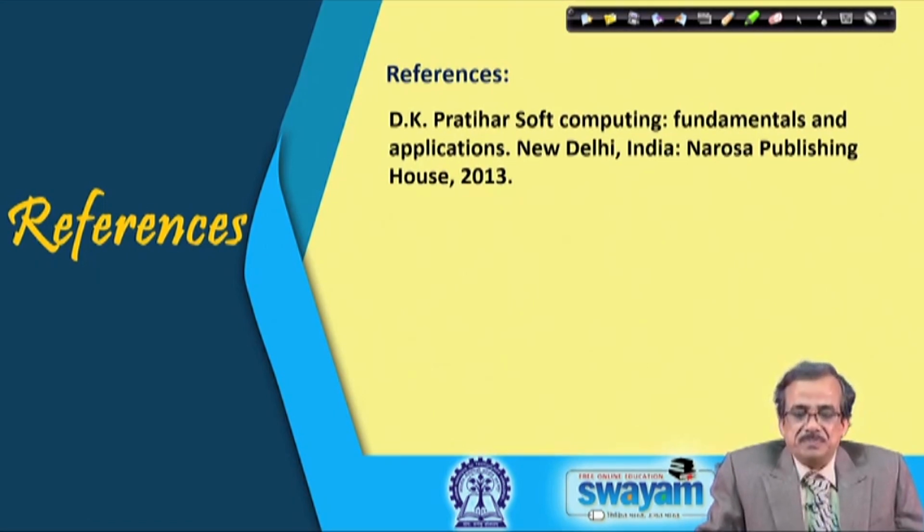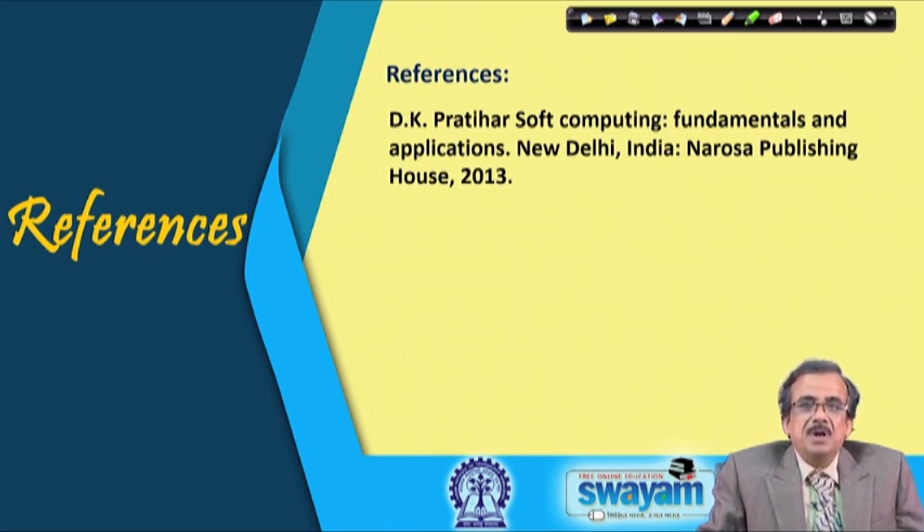Now, till now we have discussed the working principle of the multi-layered feed forward network, very popularly known as the back propagation neural network. We have also discussed the principle of the radial basis function network.